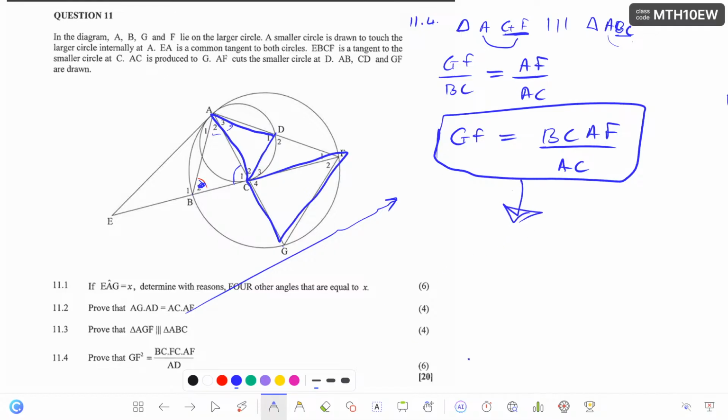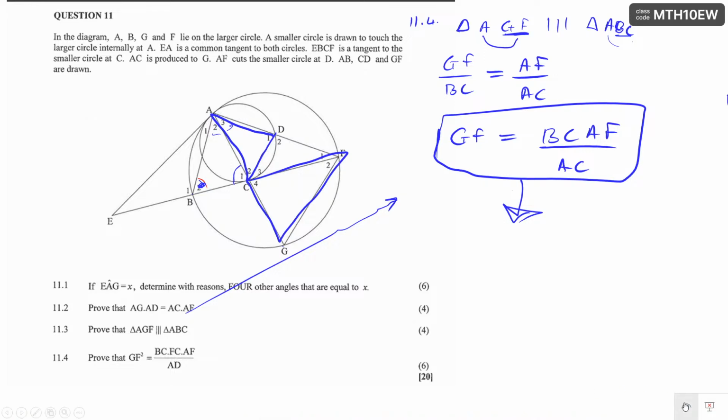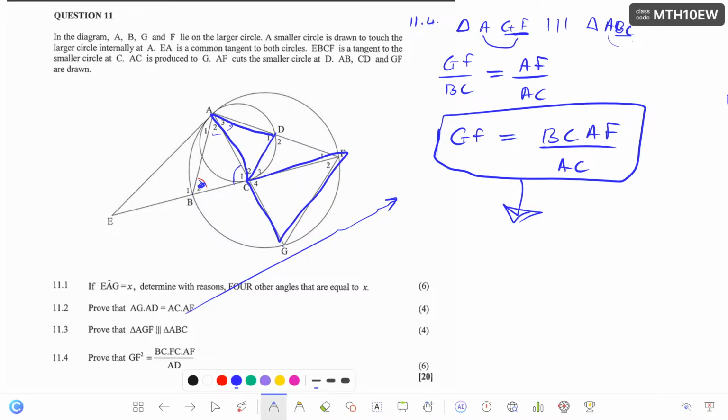So let me try to end the stream here, and I'll come back for another stream, especially for this last question, because I don't want to give you something that you don't understand. I want to give you the best explanation. I also don't understand how I can use this one. I used 11.3 because we already proved that these are similar to each other. But this one I don't understand.